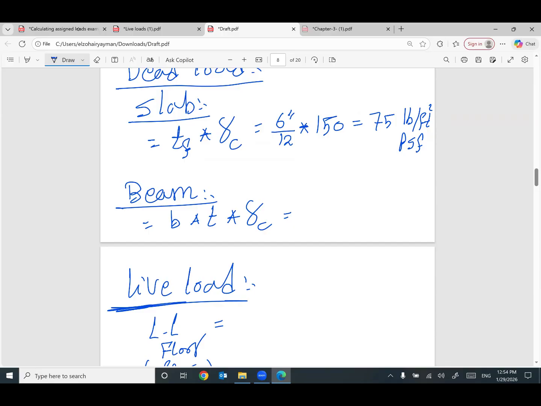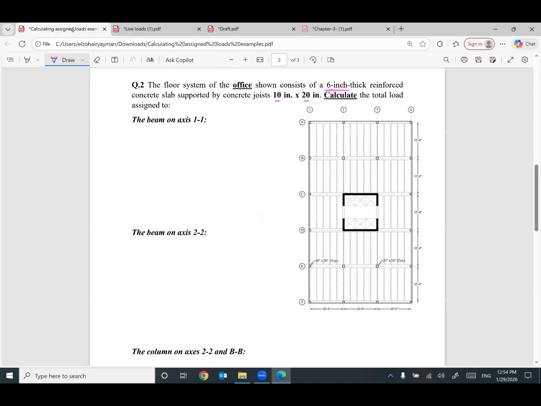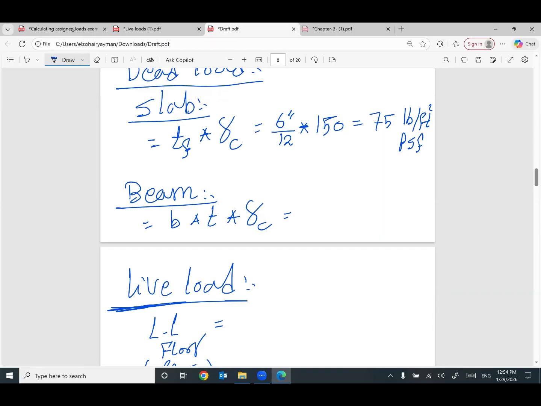The value of the dead load of the beams: since the beams are 10 by 20, 10 is the value of B, 20 is the value of T. If you multiply 10 by 20 inch, divide them by 12, and multiply by gamma concrete 150, your calculation, I will not say it's wrong, but it's not accurate.